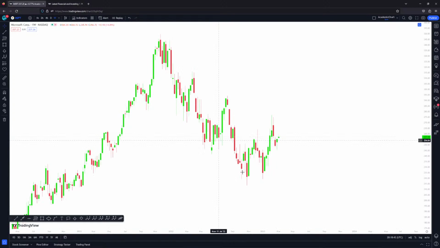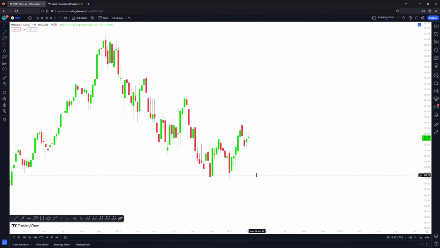Anyhow, what I'm seeing is that after this impulsive wave, I have some sort of a correction. You see, we have this lower low and this lower high, lower low again, lower high, and this is indicating a downtrend, a bearish movement, right?